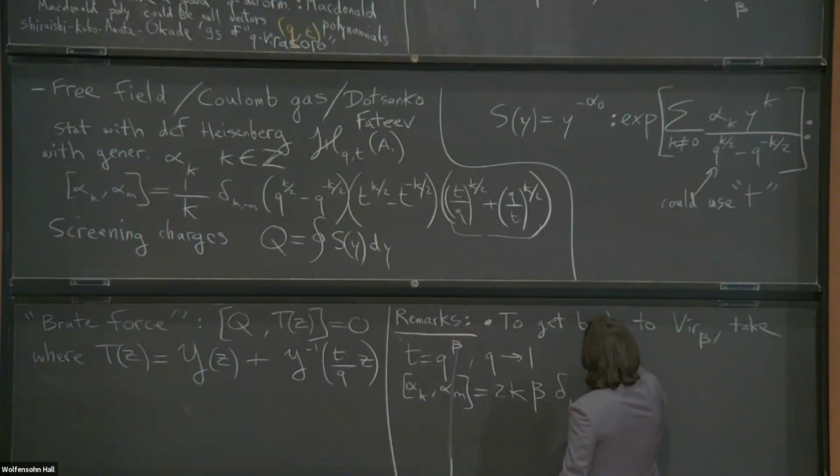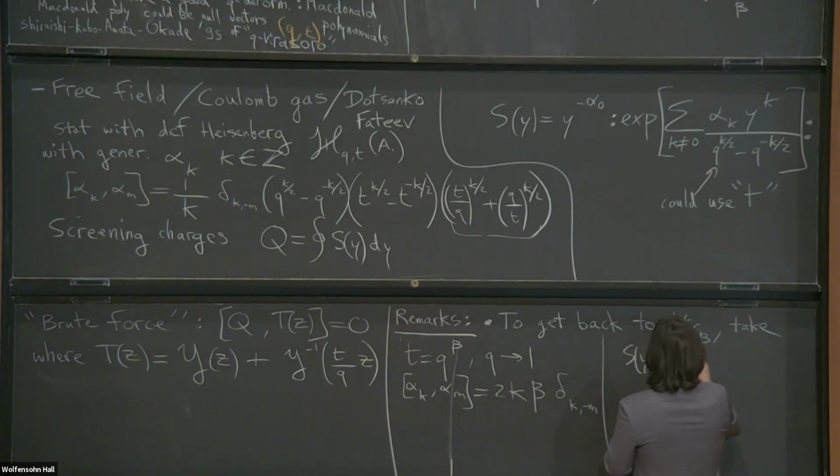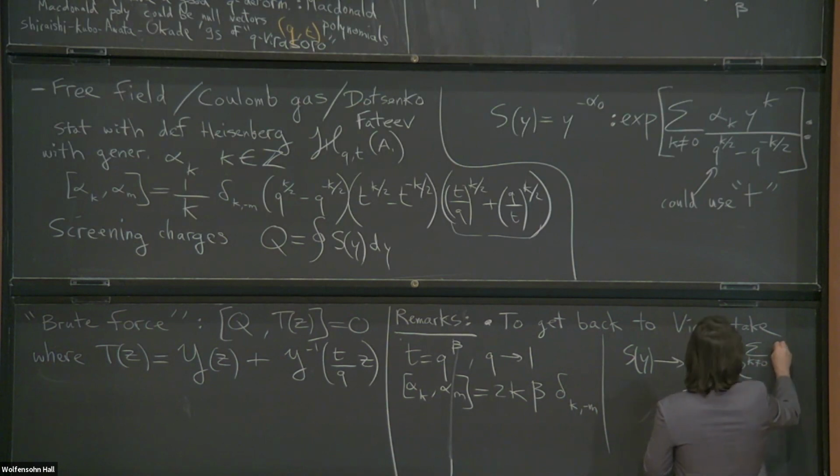What happens to screening currents? If you take that same limit, you get y to the zero mode times e to the sum of alpha_k y^k over k.